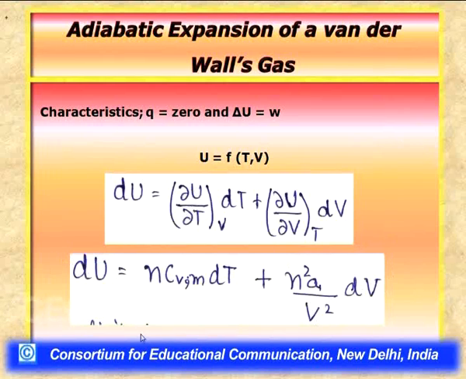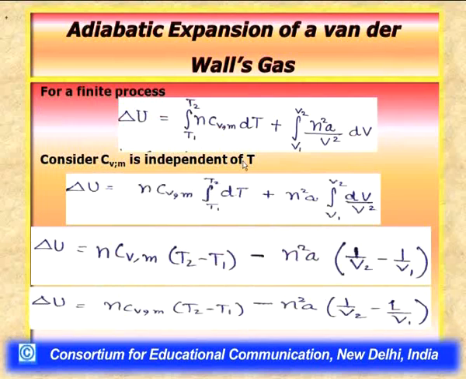Now, for a finite change we need to integrate this equation. So, we integrate this equation, what we get is n CVm integral T1 to T2 dT plus n square a integral V1 to V2 dV by V square.